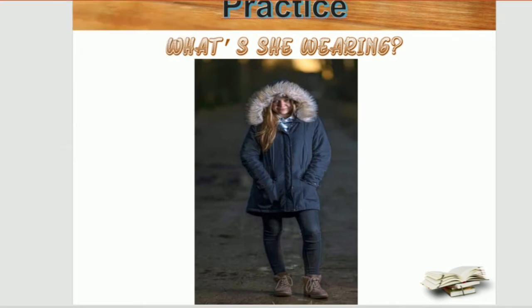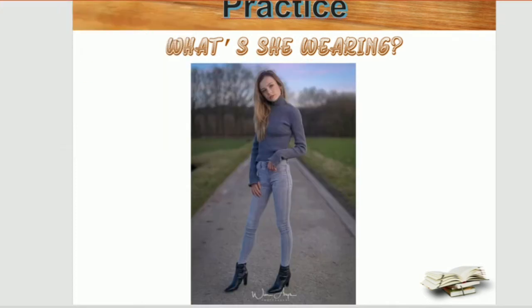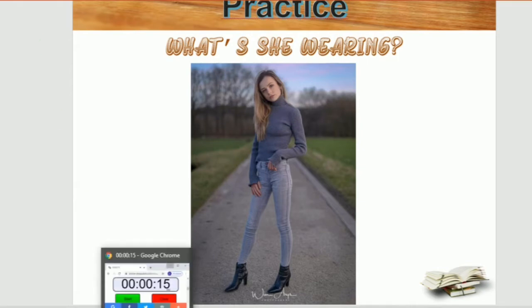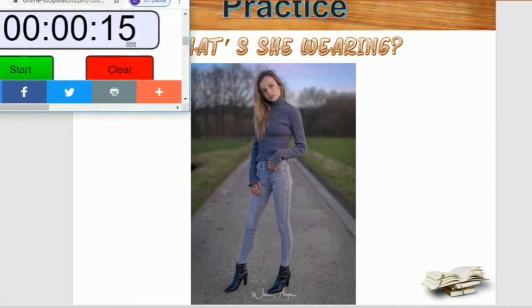We're going to see more pictures for you to practice describing people and their clothes. We have a girl. So ready? In 15 seconds you have to describe this person. At the count of 1, 2, and 3.